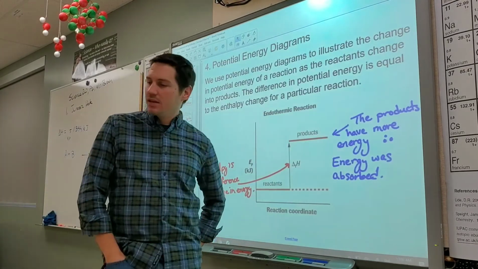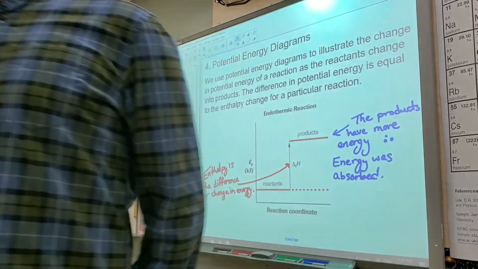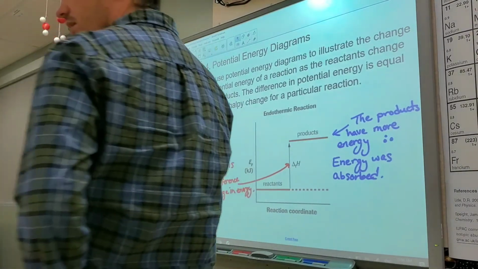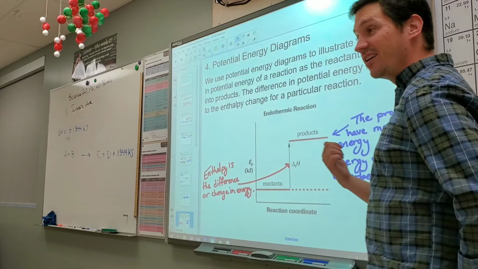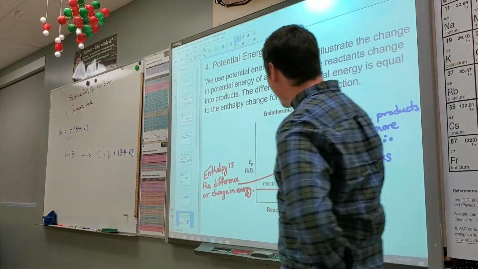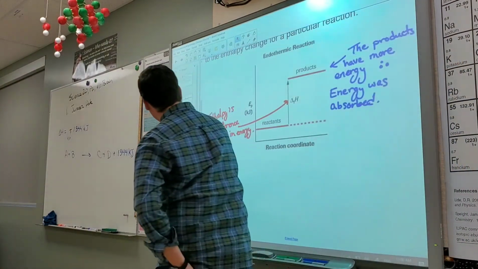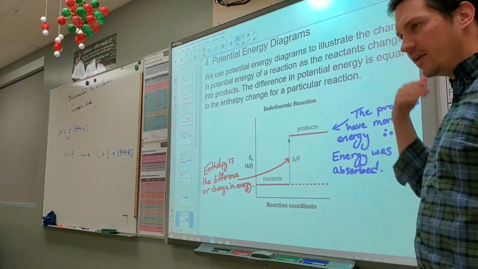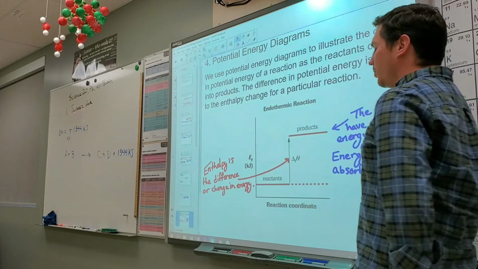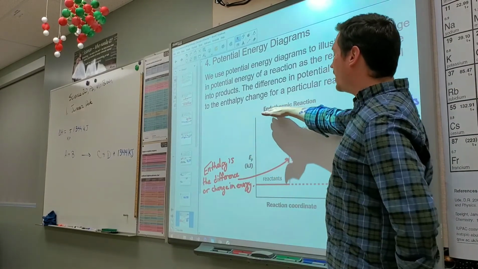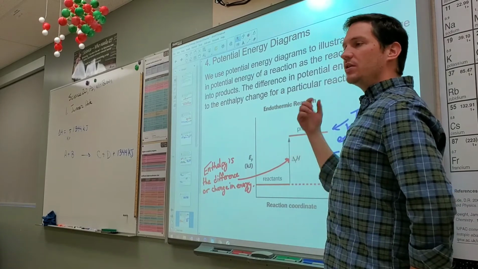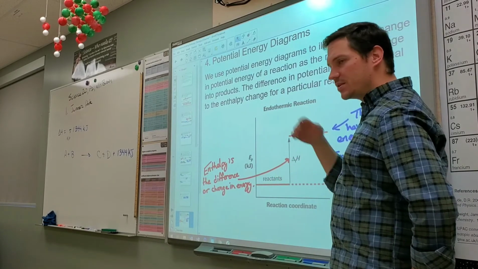Okay, I think this is where a lot of people have some big conceptual problems. Was this the easiest one? Maybe this is because we talked a lot about potential energy in the classes leading up to this. But hopefully you understand that an endothermic reaction is absorbing energy.